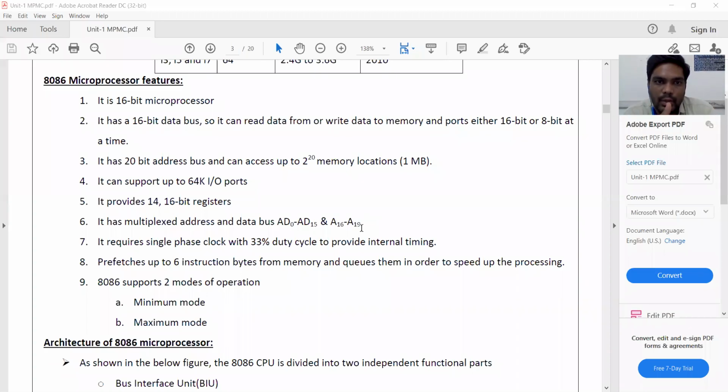Similarly, here we combine the address lines and data lines. That means we can use that particular line to carry either data or address. Both data and address can be carried through those lines, but not at the same time.